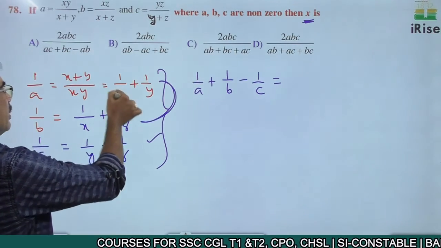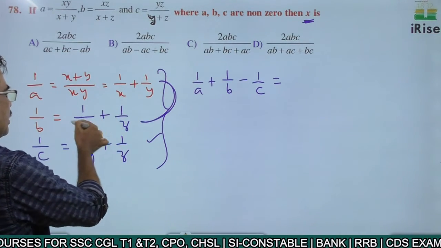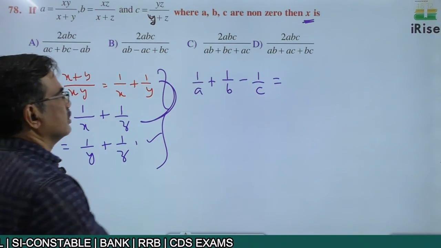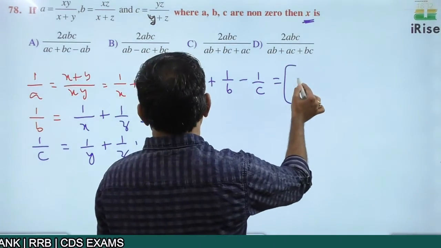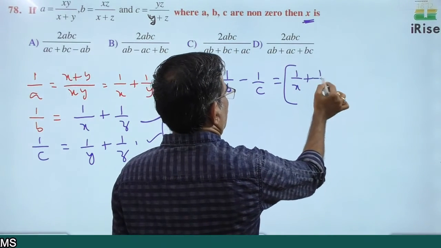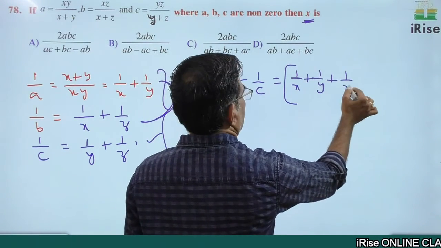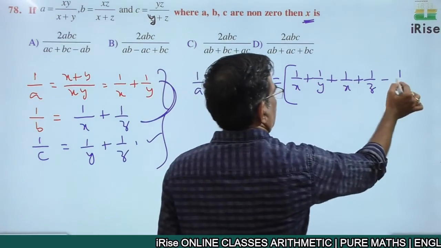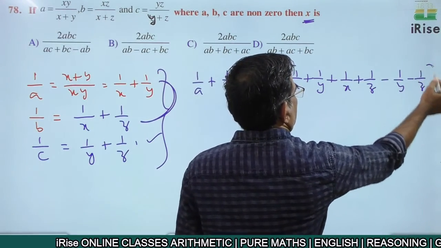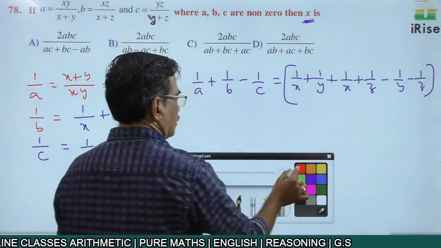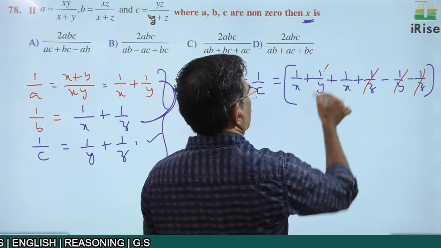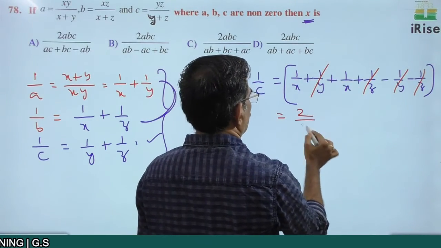This is 1 by x plus 1 by y, plus 1 by x plus 1 by z, minus 1 by y, minus 1 by z. Here 1 by y and 1 by z cancel, which is equal to 2 by x.